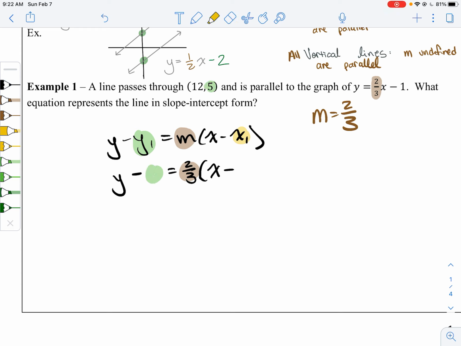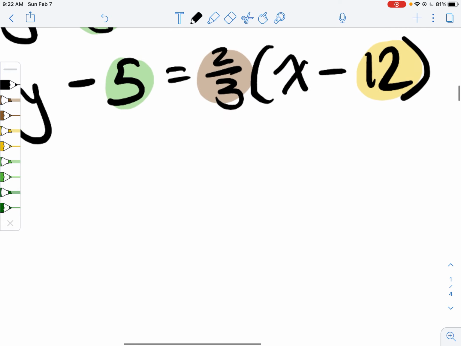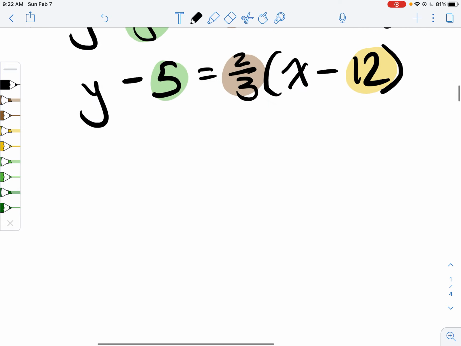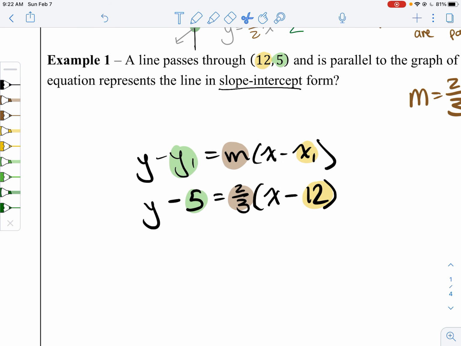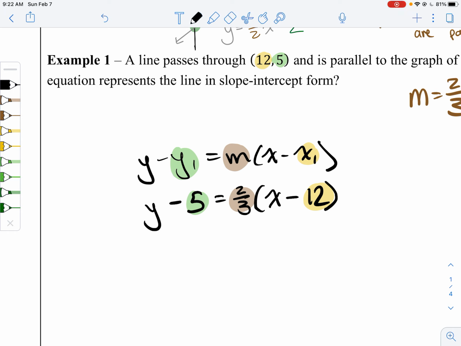Y is green, x is yellow. So it's y minus 5 equals 2/3 times x minus 12. That's the equation of our line. We could be done, because that is the equation of a line, except it asked for slope-intercept form. Remember that slope-intercept form says y equals mx plus b.